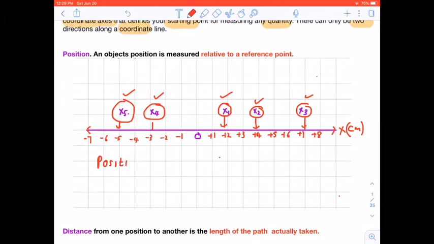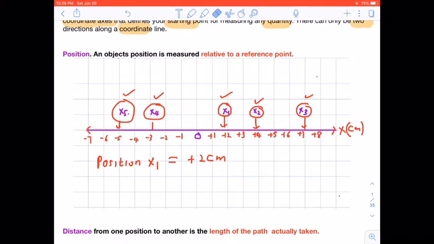What is the position of x1? It is equal to plus 2 centimeters.